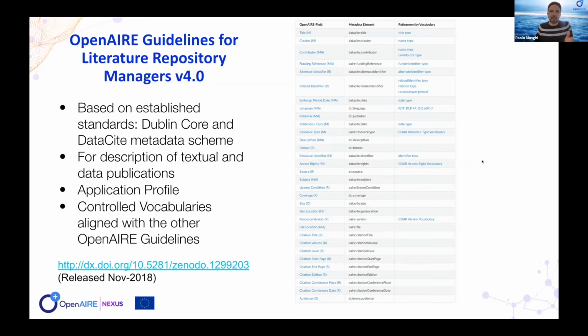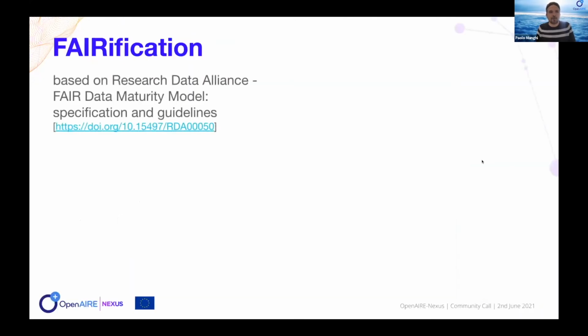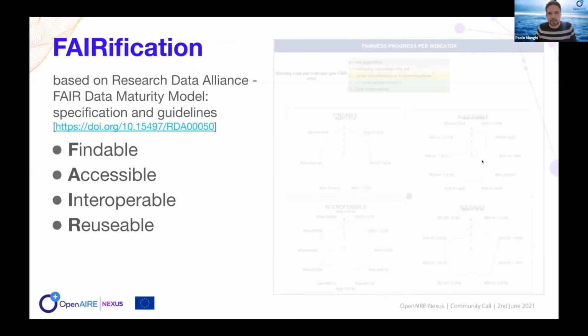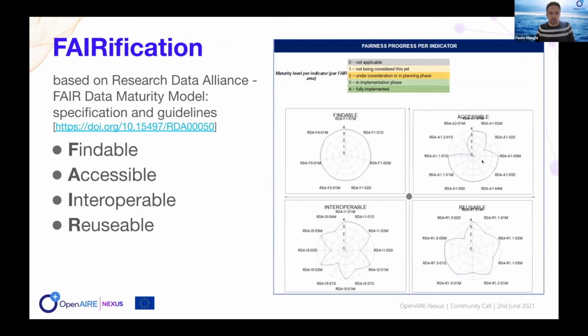Starting from this, we analyzed which fields in these guidelines can be associated to the F, the A, the I, and the R. Okay, so the idea was starting from the FAIR Data Maturity Model as we know it, going through these 4 main points, and trying to assign each field to one of these potential perspectives of fairness.